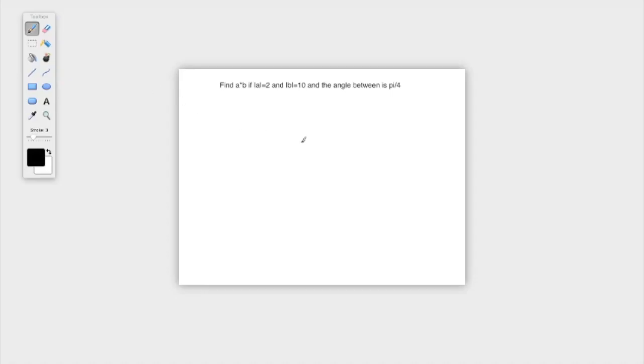Here's an example problem. You're supposed to find the dot product of A and B if the magnitude of A is 2, the magnitude of B is 10, and the angle between is pi over 4. You can use the angle in between formula, or you can use A times B times cosine of the angle equals A dot B, whichever one you like.